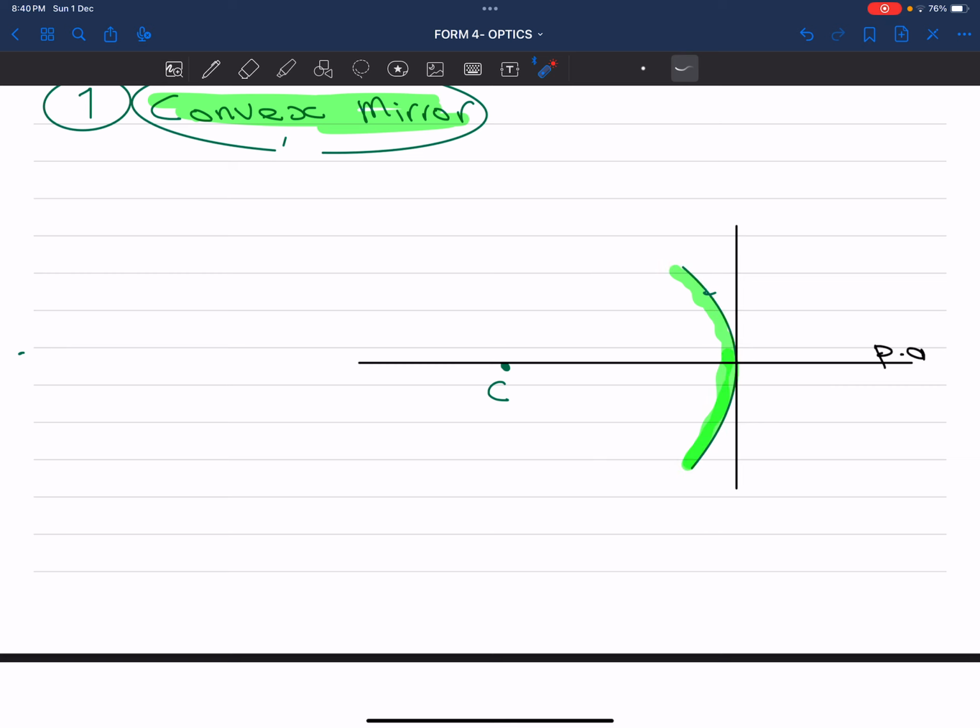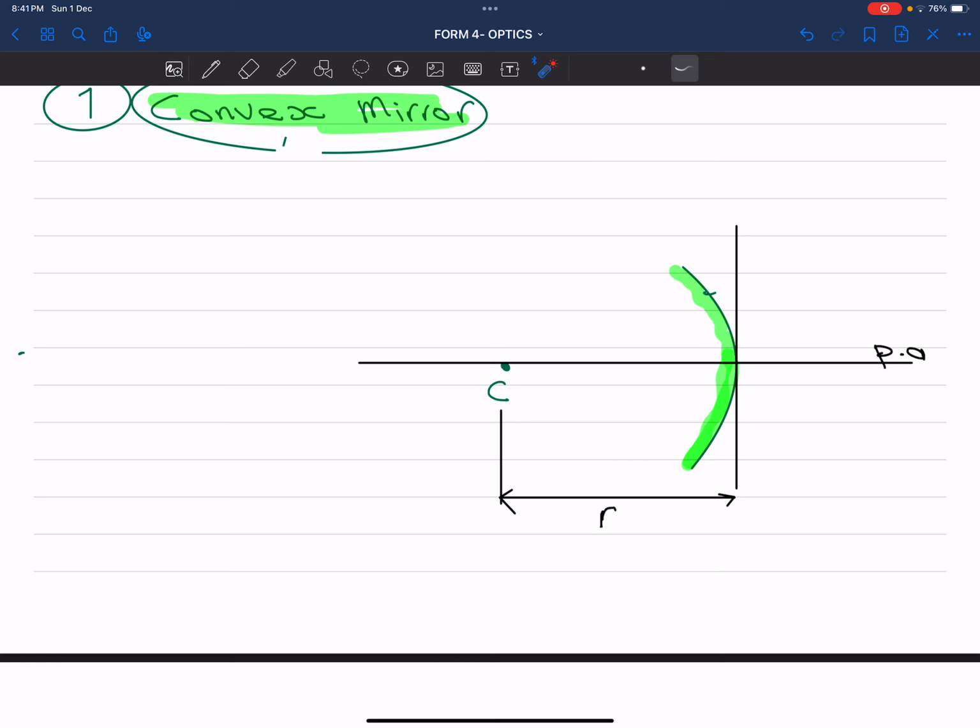Number 3, you remember just now, I said the C is the center of curvature, which is the center of the sphere, which means now the distance between the center of curvature and that vertical line must be the radius of the sphere. Because C is the center of the sphere from where we made the convex mirror.